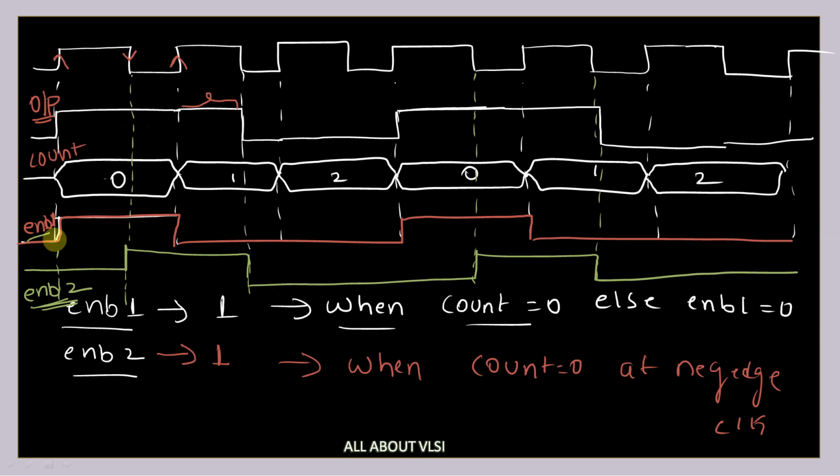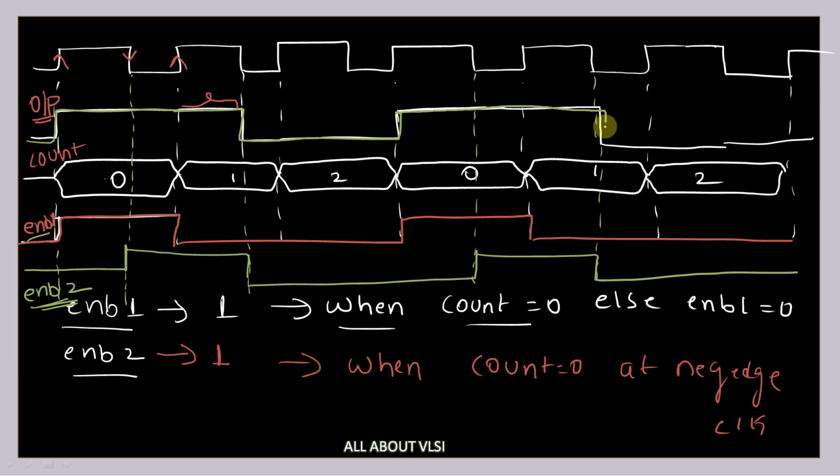Your enable 1 is becoming 1 here and enable 2 is 0. OR operation of 1 and 0 is nothing but 1. At this edge your enable 1 is becoming 0 but your enable 2 is 1 only, right? That's why your output is still 1. And at this negative edge both are becoming 0, so the output is also 0.